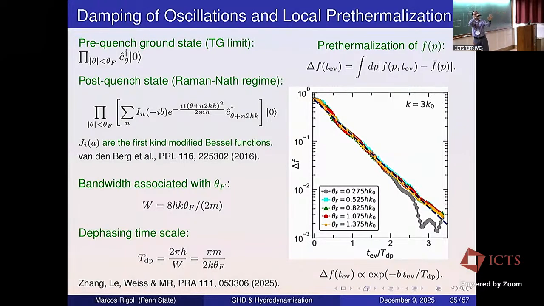You have many frequencies, they dephase. So that's the idea. It's all unitary evolution. There is no external noise, nothing. It is all because you have those different frequencies. Okay? Good.